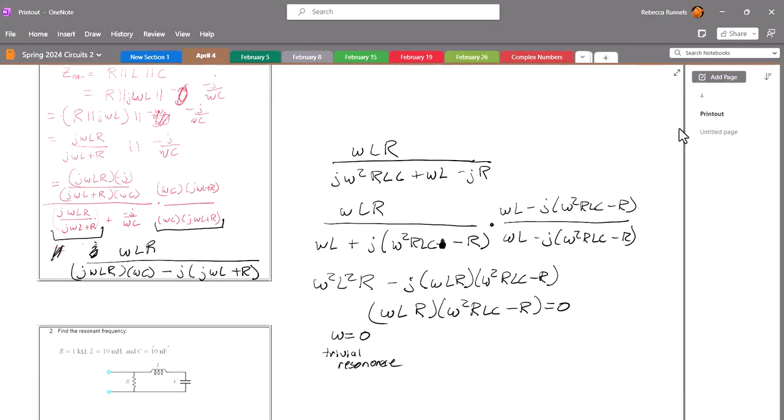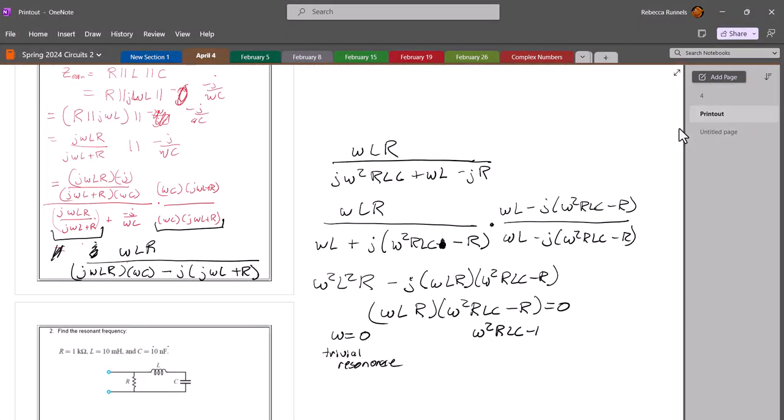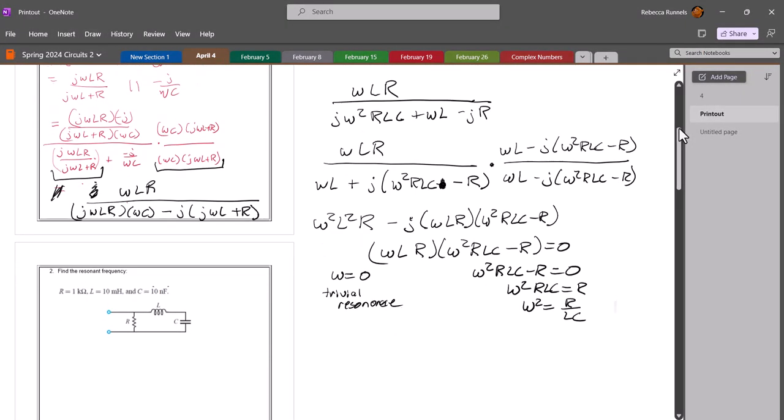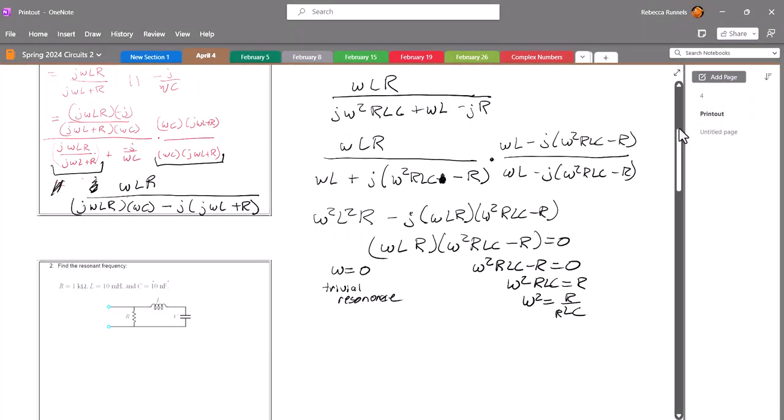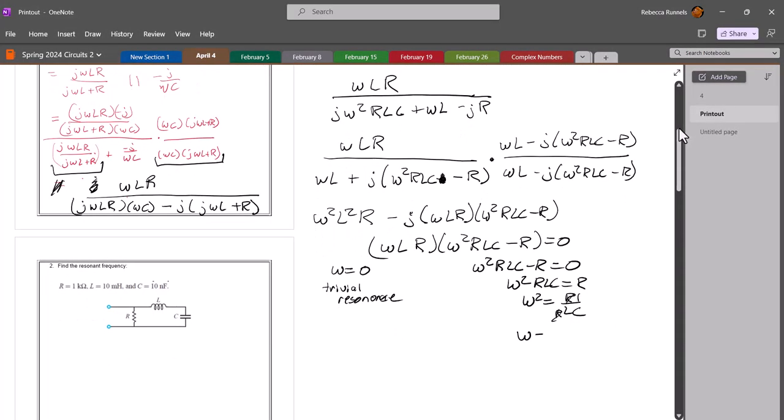From the second part I get omega squared R L C minus R equals 0. Omega squared R L C equals R. Omega squared equals R over R L C. The R's cancel. Omega equals 1 over the square root of L C.